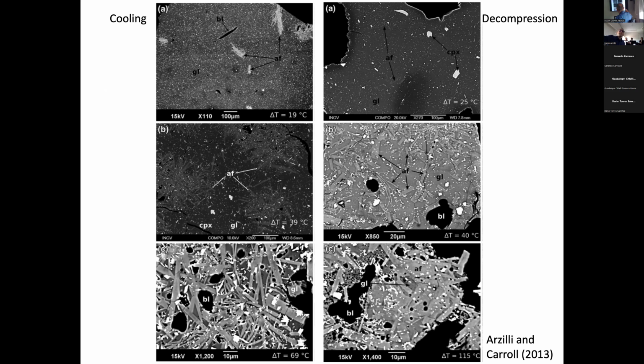Then increasing undercooling, I will have more alkali feldspar here, as you said. So the volume fraction increases with increasing undercooling, because I increase the number of nuclei that will be stabilized, up to undercooling 115, where it is completely crystallized by alkali feldspar.